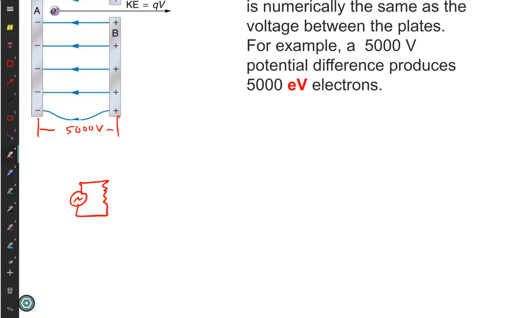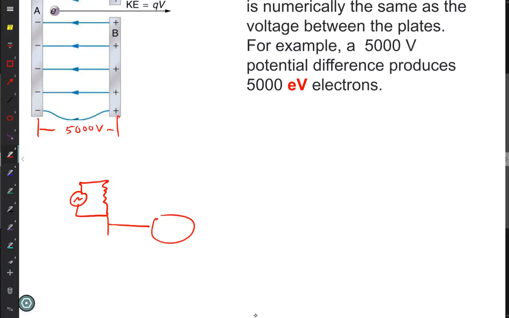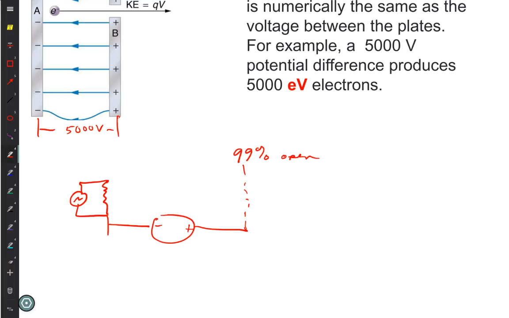And then they take a power supply, they put over here a screen, and that screen is like 99% open. Yes, they make metal screens that are like 99% open space. And they put it so you have, like, let's say 10,000 volts difference.